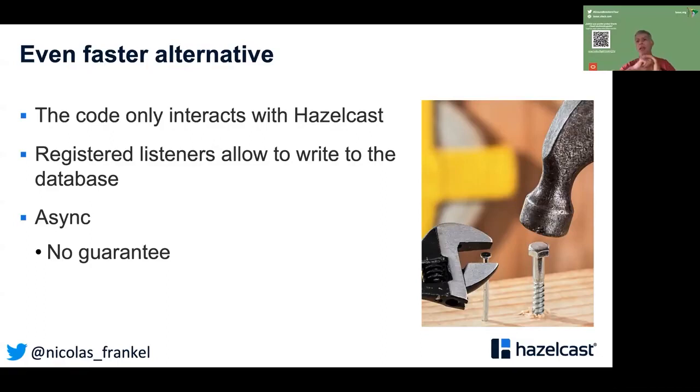Basically, you are saying, hey, I will send stuff to Hazelcast, and at some point the async writer will work its magic and something will happen. This is eventual consistency. But meanwhile, if, I don't know, you have a poison request that crashes all your nodes, well, you have lost data. But you are very, very fast, which is another trade-off to be aware of. So it's an alternative. I'm not saying you should do it, but you should use the right tool.